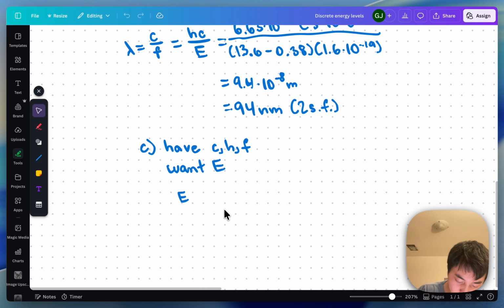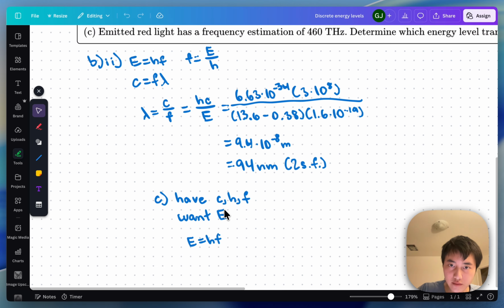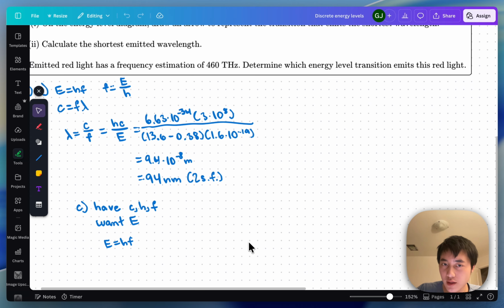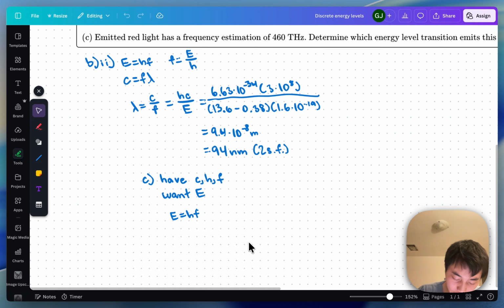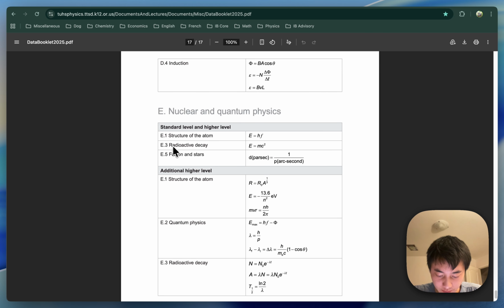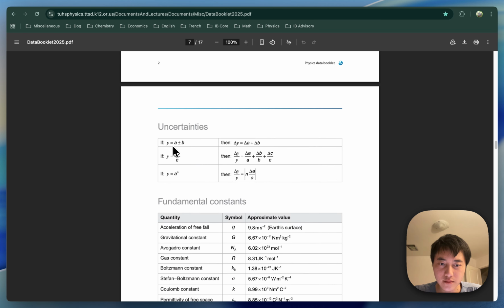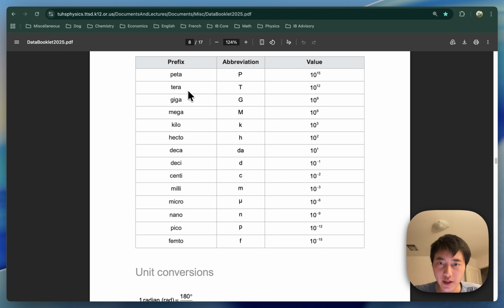So E equals hf. Oh, we only need this equation. Planck's constant is 6.63 times 10 to the negative 34. Frequency 460. What is T? T is tera, so it's 10 to the 12th.